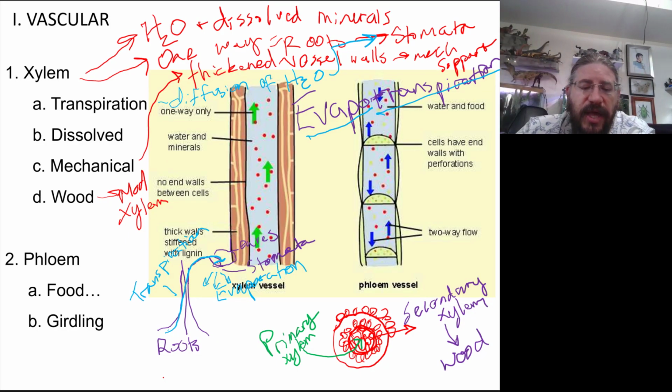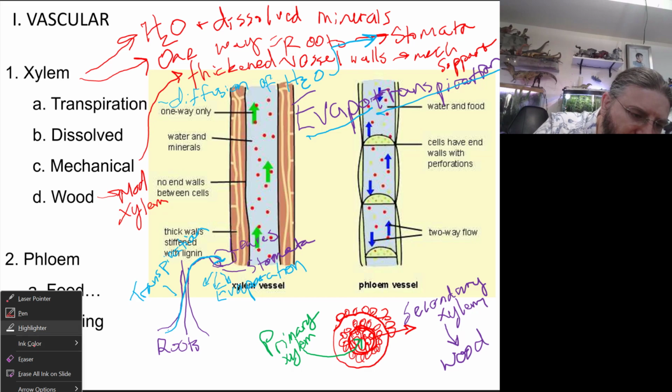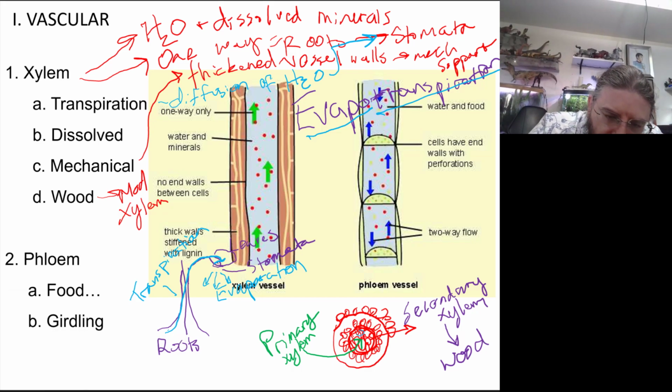Woody tissue actually has an interesting weakness. If you look at the location of phloem in woody tissue, I'll do blue. It's always at the outer edge of the xylem.